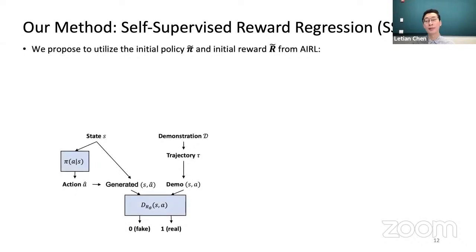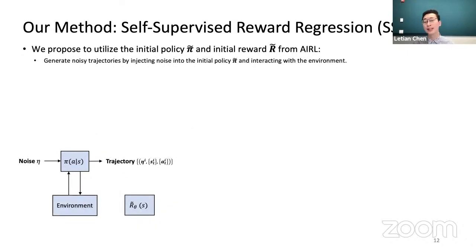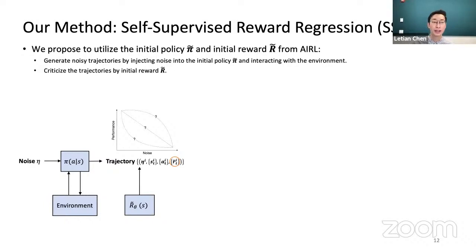In our method, we utilize ARL to obtain an initial policy and an initial reward, which is a learned reward from the ARL discriminator. We then generate the noisy trajectories through interaction with the environment, and then criticize the noisy trajectories by the initial reward. This way, we could get a sense of how performance degrades with varying noise levels.